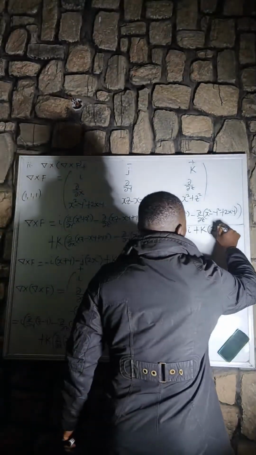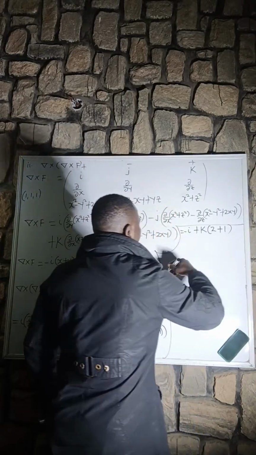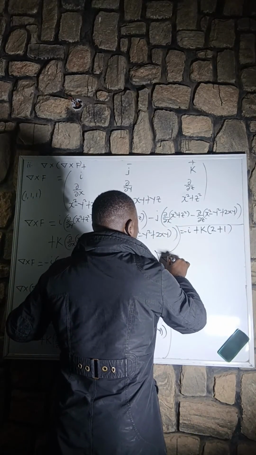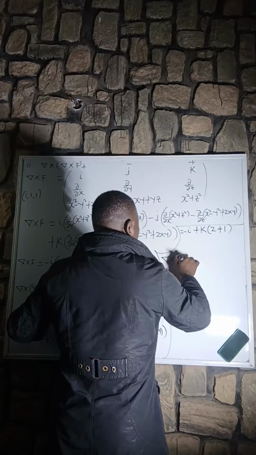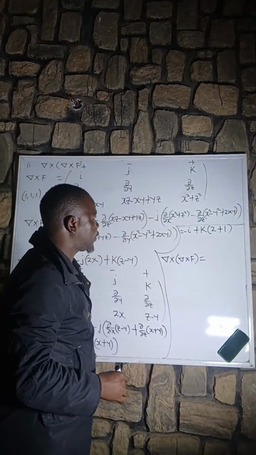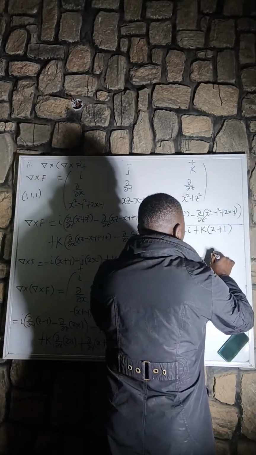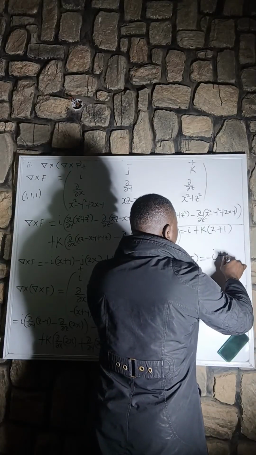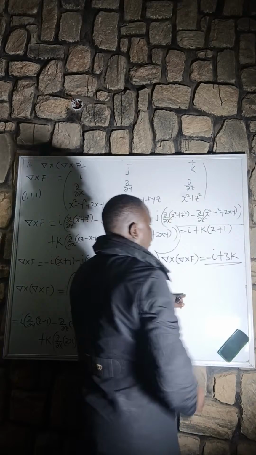So plus 1. Then it means our curl of the curl of the vector function now equals minus I plus this, plus this, 3, so 3 times k. Yeah, this is what you should have.